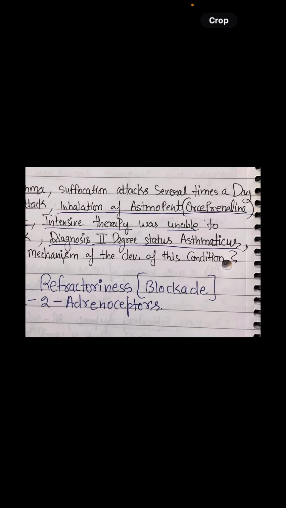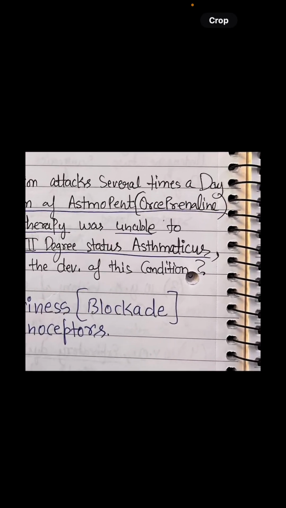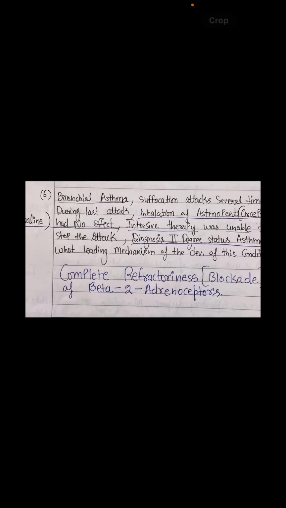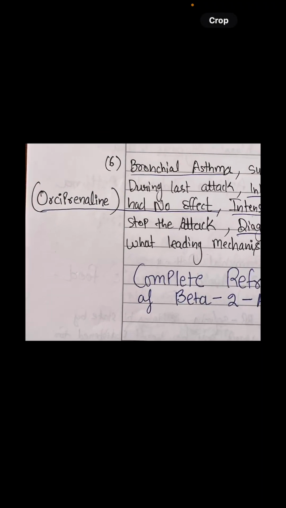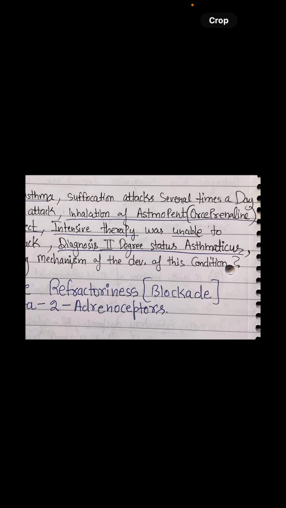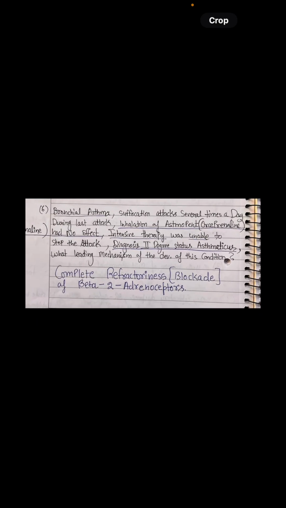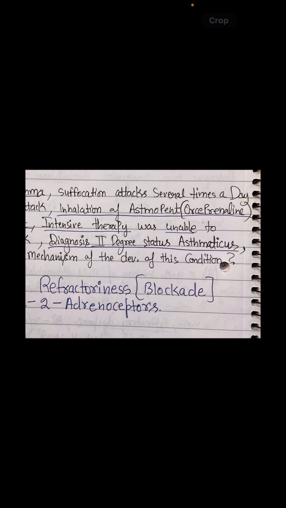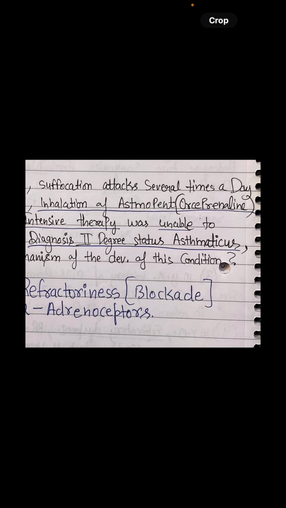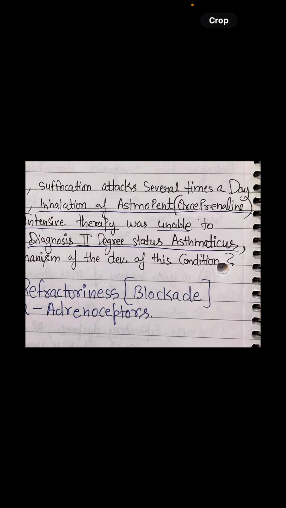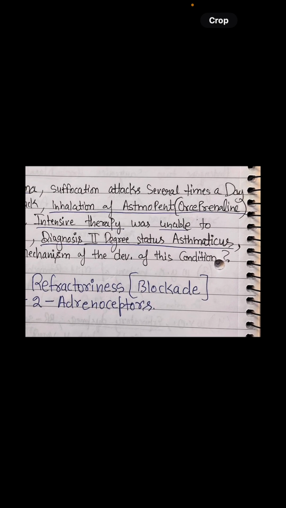The next case says bronchial asthma, suffocation attacks occur several times a day. Inhalation of orciprenaline during the last attack had no effect. So the patient is not responding to the standard treatment anymore. Intensive therapy was unable to stop the attack. When the patient is unable to respond to the standard treatment, we know that this is status asthmaticus, and by the preliminary diagnosis the doctor highlighted that this is degree 2.